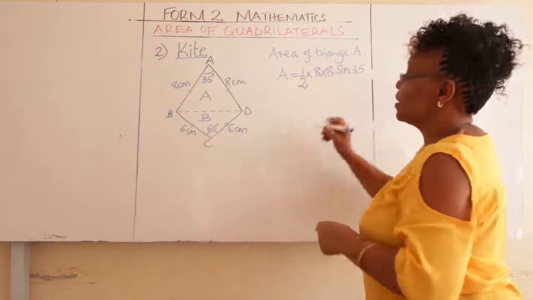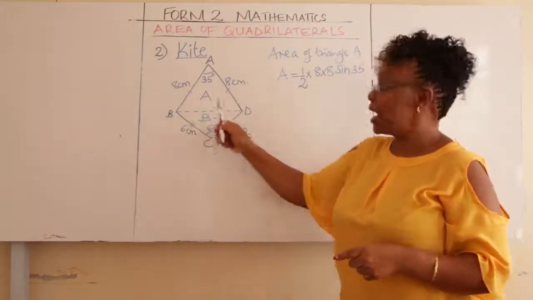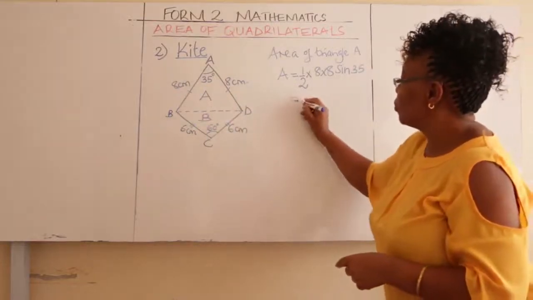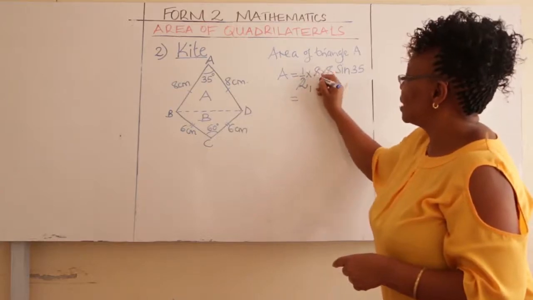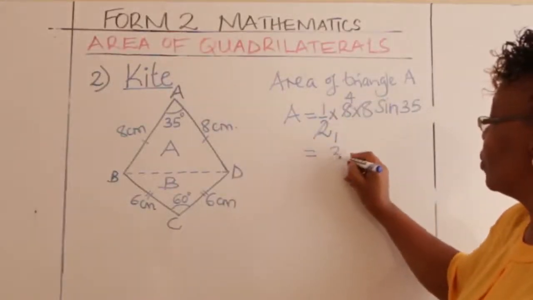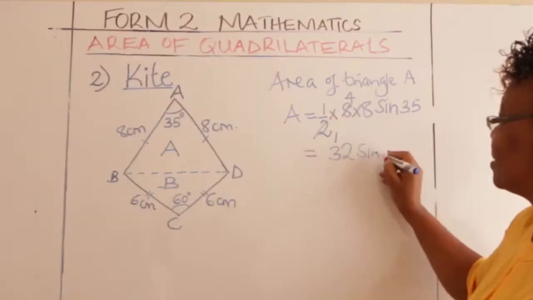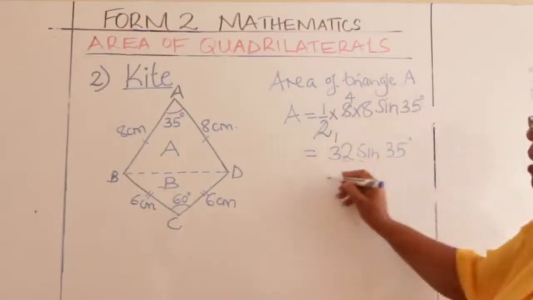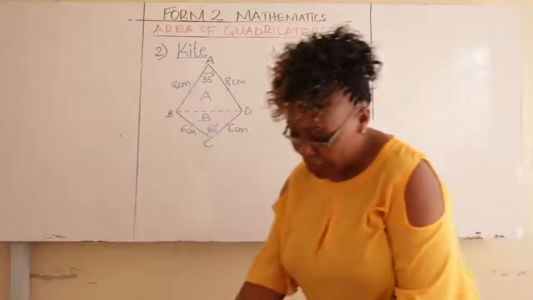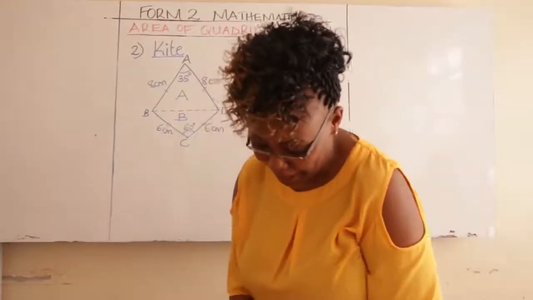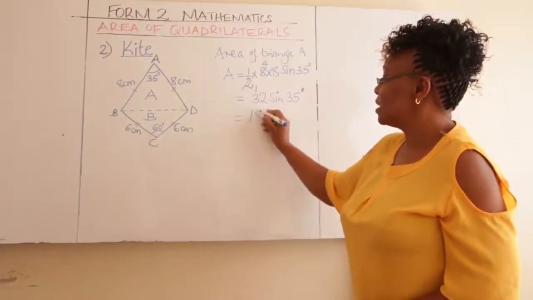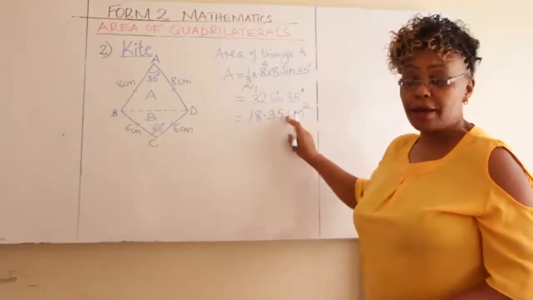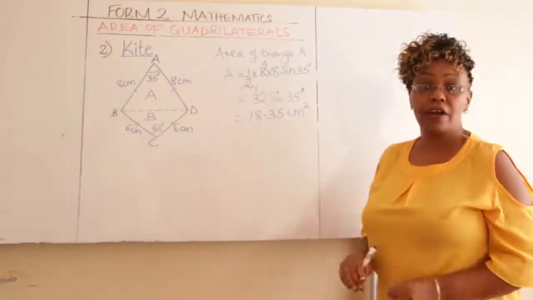Area of a triangle given 2 sides and an included angle is a half times this side times that side times sine of the included angle. So you are talking of 32 sine 35 degrees. You use a calculator, you should get 18.35 centimeters square. That is the area of triangle A.